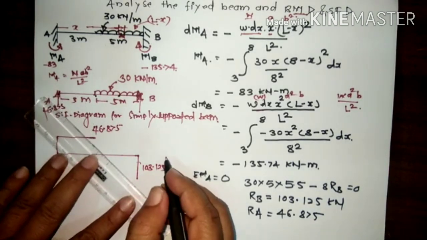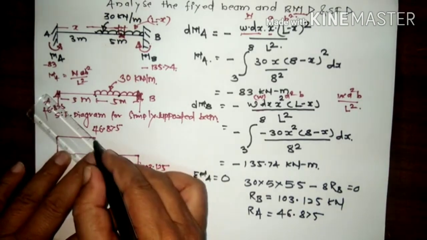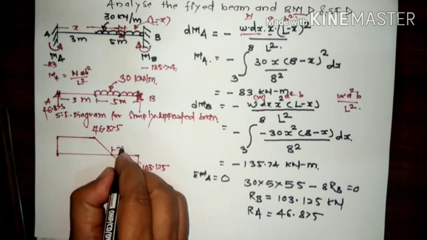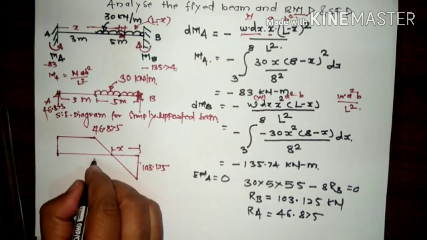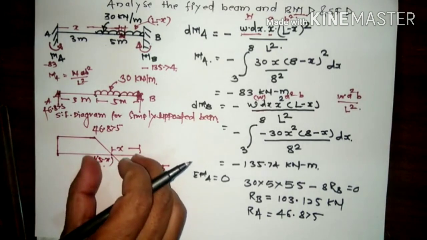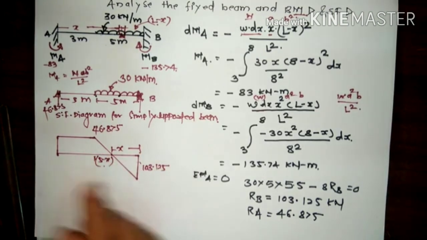So now join this. This is the constant shear. Suppose this length is x and this length is 5 minus x, because the total is 5.